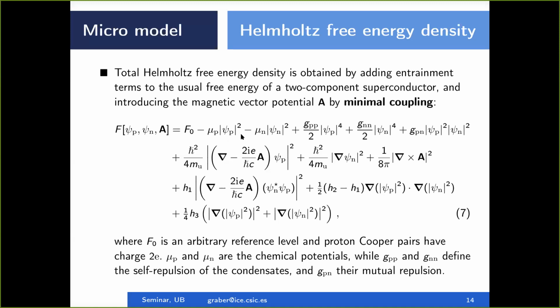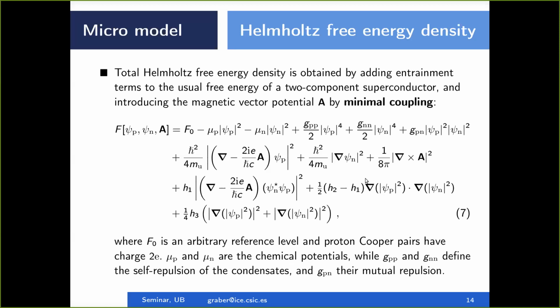So you have individual terms that depend on the density squared. Then there's a coupling term between the individual densities. And then there's the standard terms as a result of the magnetic field present. Now, the last 2 lines are the 2 individual contributions that we get because we include entrainment type of coupling.